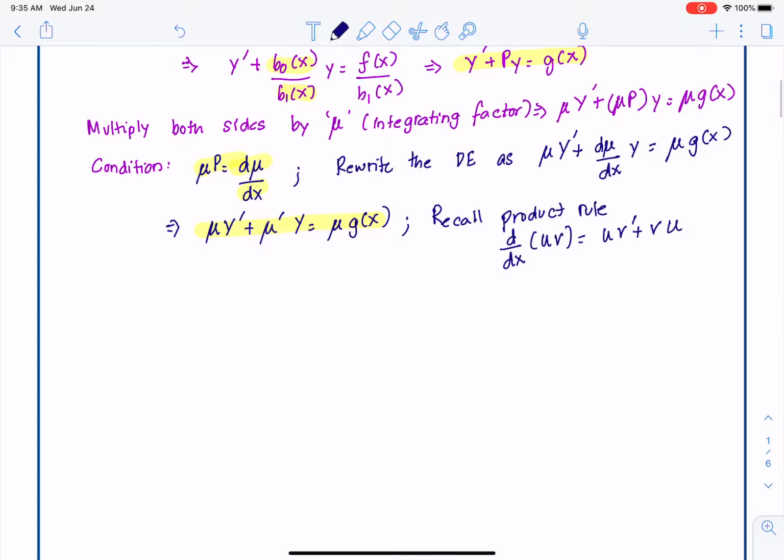In our DE, if I set u to be equal to mu and v to be equal to y, then if you plug that in, you would get the left-hand side, which is mu y prime plus mu prime y.